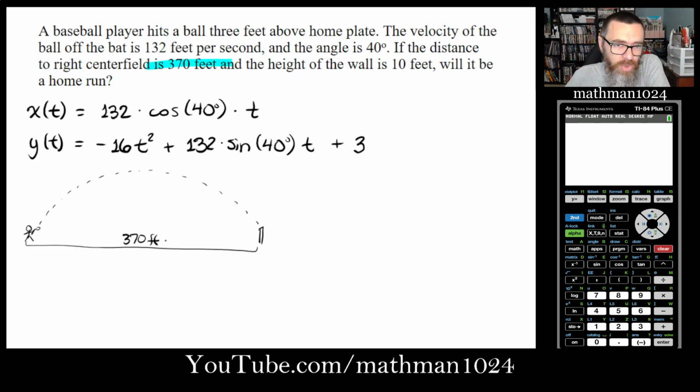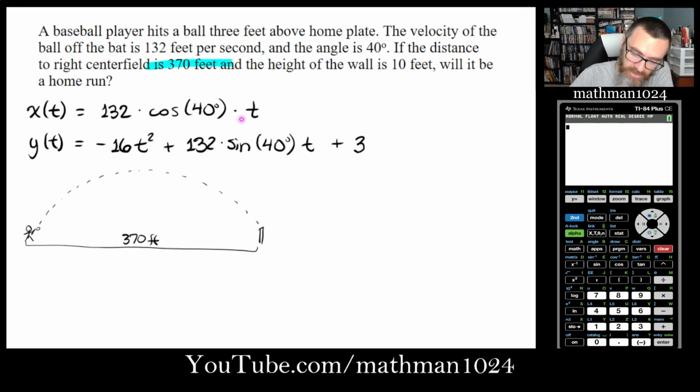So what we need to know is, how long does it take that ball to travel 370 feet? Because once I know what that t value is, I can plug that into my y of t function and determine what will be the height of the ball, the y value, when we're 370 feet away.